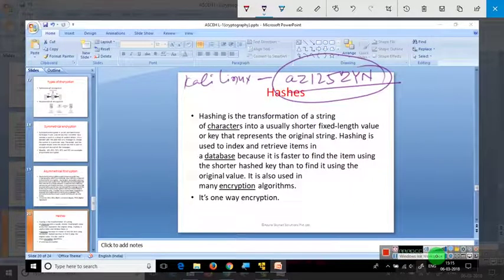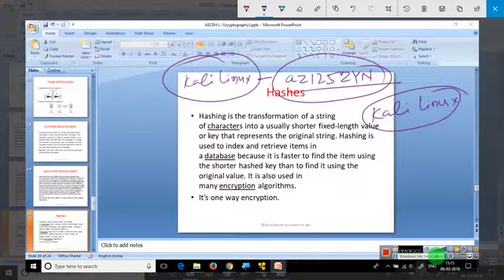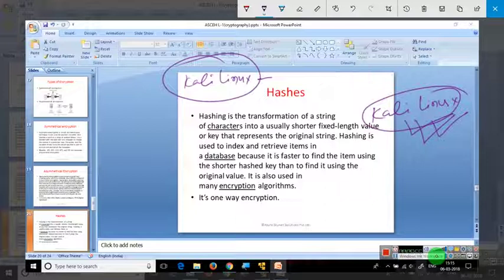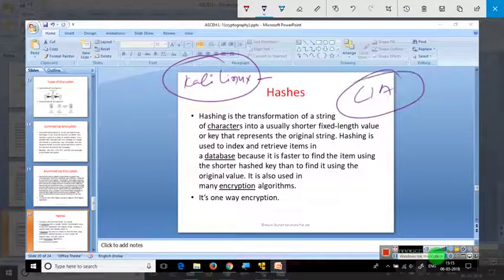But if you are downloading Kali Linux from a third party, and you compare the hash of that software with the original Kali Linux version available on their website, and there is even one character of difference, it means this Kali Linux has been tampered with. That's the beauty of hash. With the help of hash, one can find out whether messages have been tampered with or not, whether the CIA triad is being followed or not.